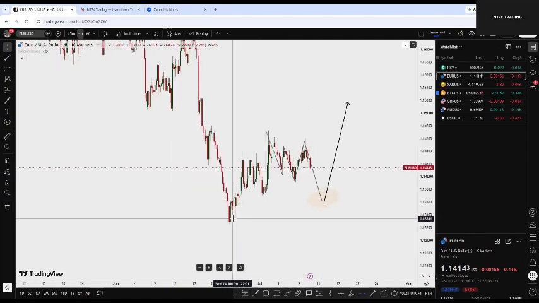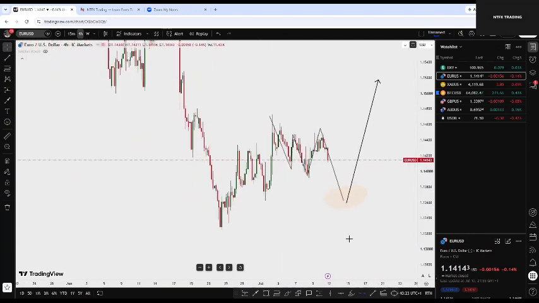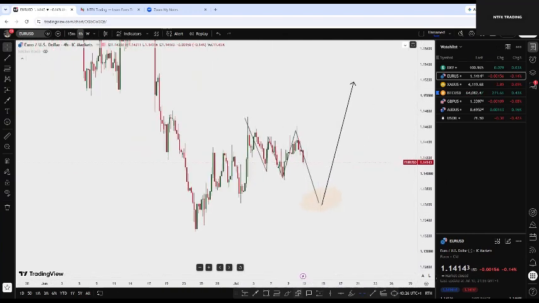Okay, just let me give you another example so that you can understand what I'm talking about. If you have an impulse here, this is with A, B, and C. This is with B, and then this is with C. You can see that wave C here has completed the structure by taking the level of wave A. You can't see entry in any part of this structure except at this point.